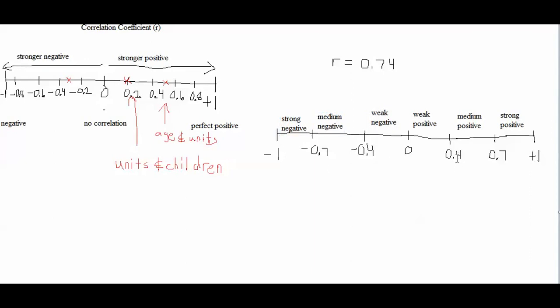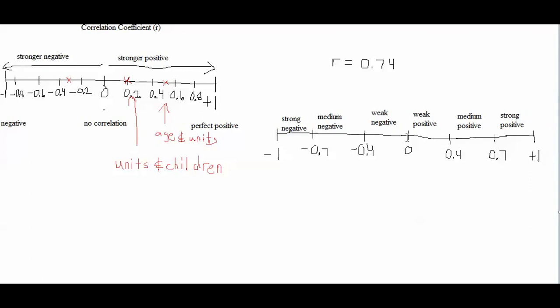So notice how these numbers over here match up with these numbers over here. So at the positive end of the number line, between 0.4 and 0.7 is a medium positive, and at the negative end of the number line, between negative 0.4 and negative 0.7 is a medium negative. And we can see that as we go further from 0 up here, we're moving from a weak positive to a medium positive to a strong positive as we get closer to +1.